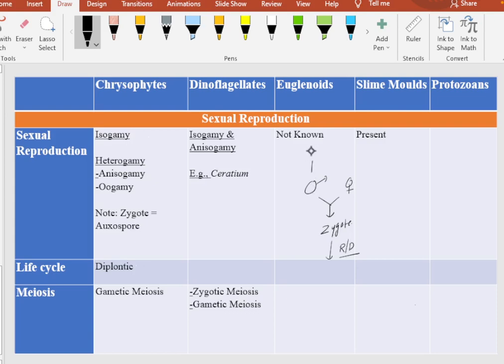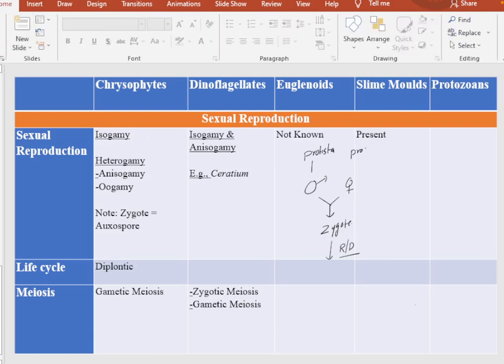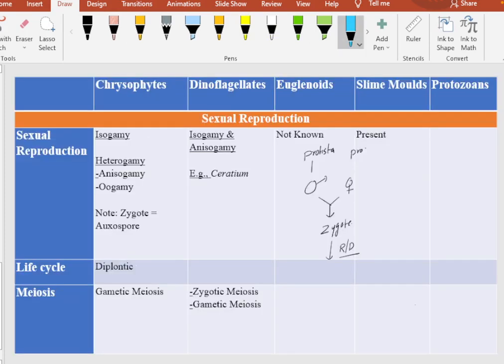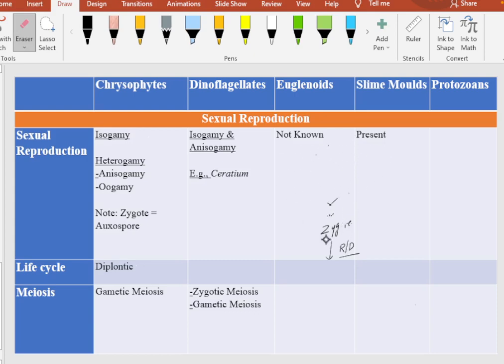In the first case, the Protista is haploid, with zygotic meiosis only. But in the other case you can see both zygotic and gametic meiosis. Okay. So any doubts in sexual reproduction, asexual reproduction?